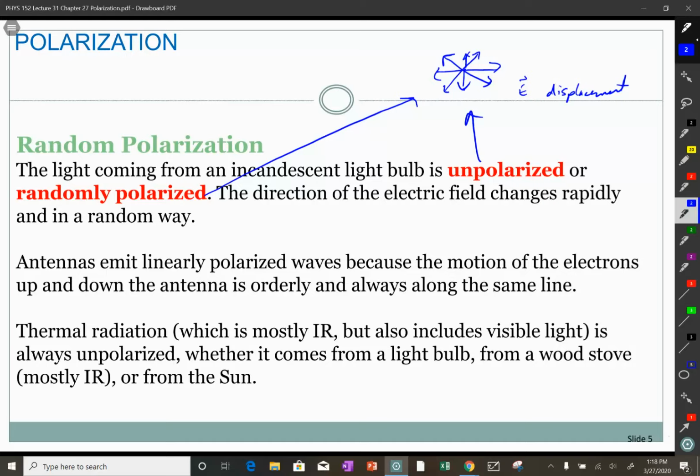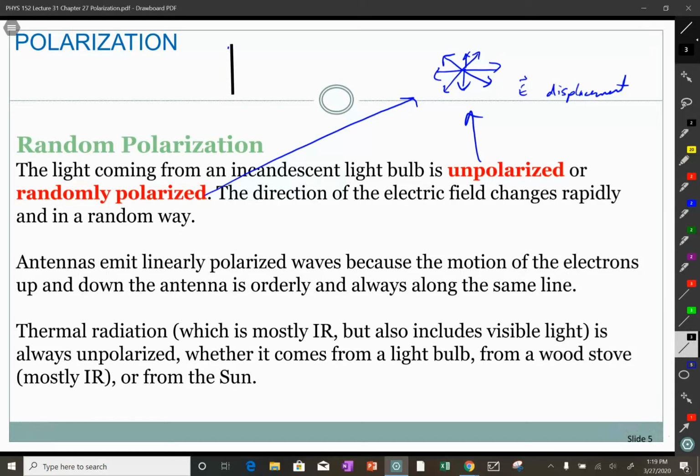So, what produces randomly polarized light? Things that are giving off light because they're hot, like the sun or most types of light bulbs. Other things give off linearly polarized light. Examples of things that are linearly polarized are a dipole antenna, an antenna that looks like this.